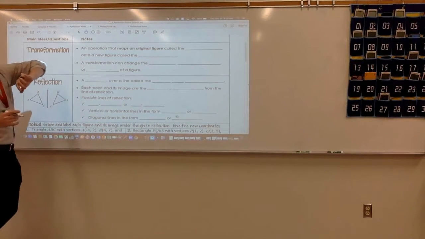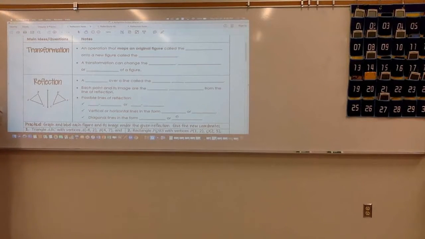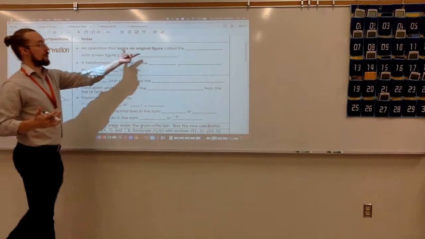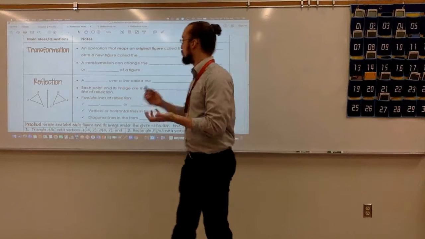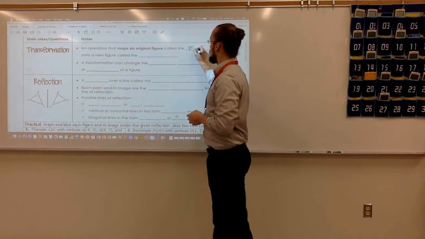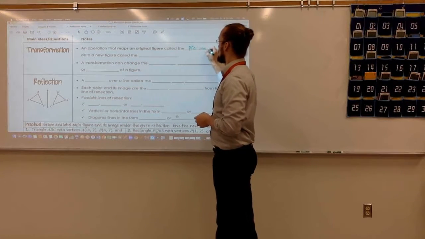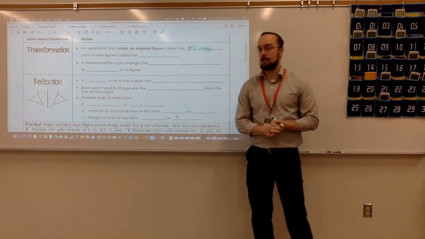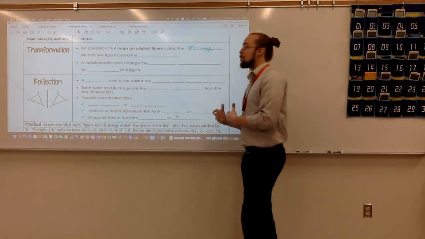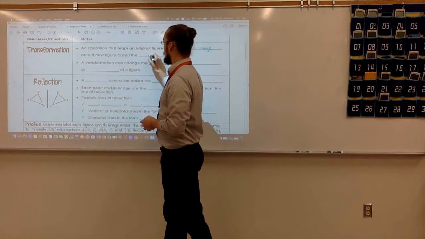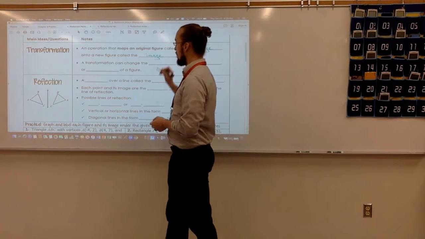A transformation is just an operation that takes some original figure, and we call that original figure the pre-image, onto a new figure called the image.